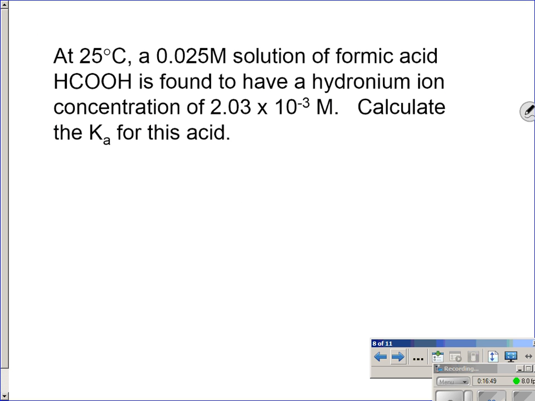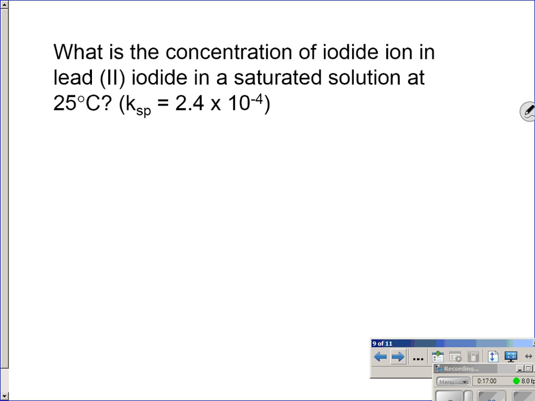So the last example, the last type of problem we have, we're going to skip down here to number 7, which is a KSP problem. What is the concentration of iodide in lead 2 iodide in a saturated solution? So a saturated solution means we have all the ions that we're going to get.